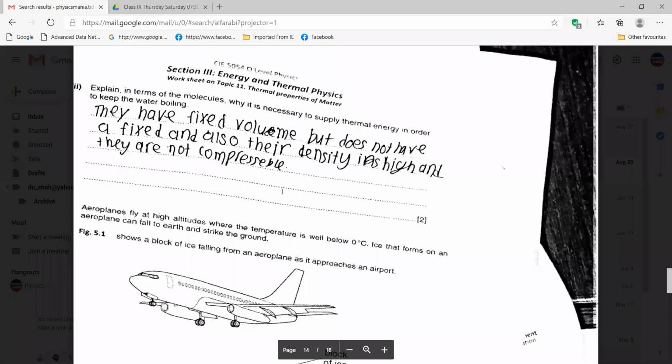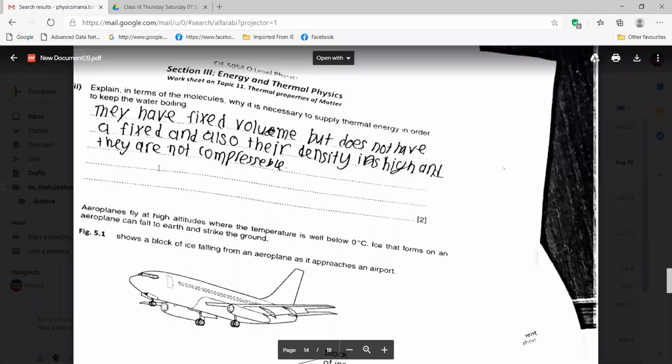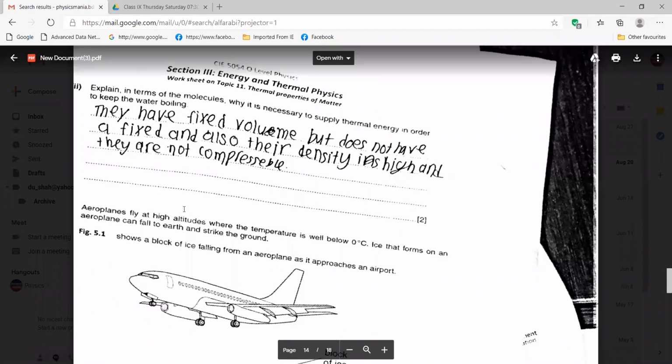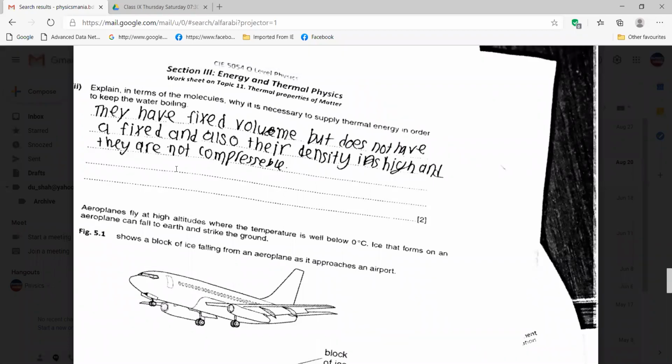Yes, sir. So you write here, to overcome intermolecular force, we need to do some work to cut this. The same thing you have to write. That's why thermal energy is needed.